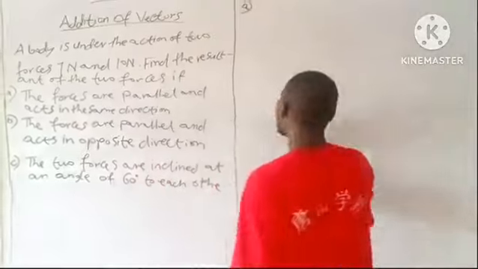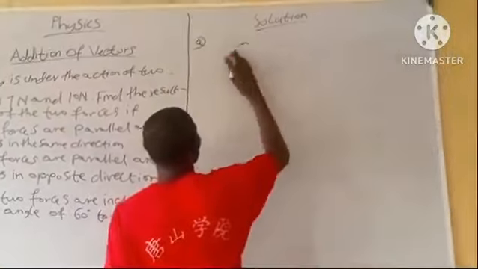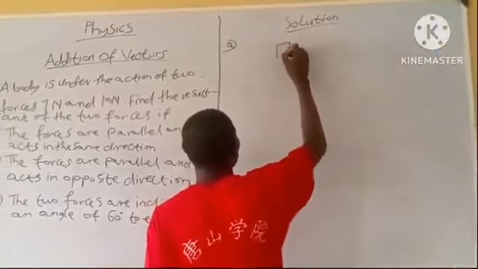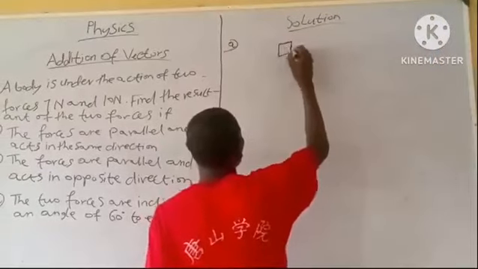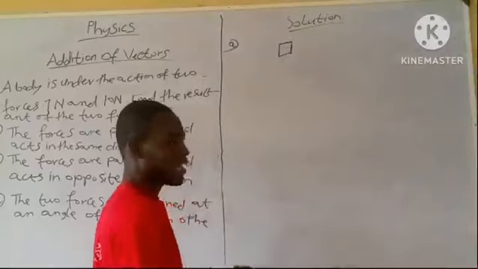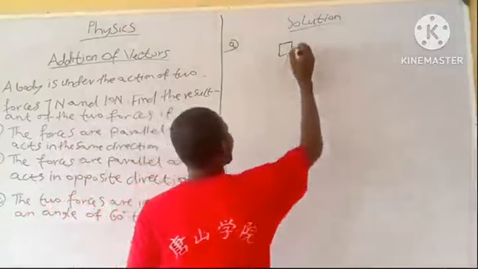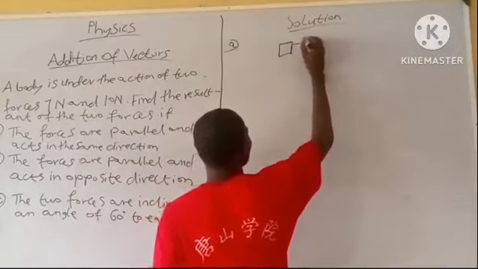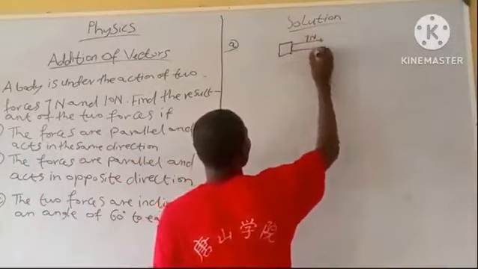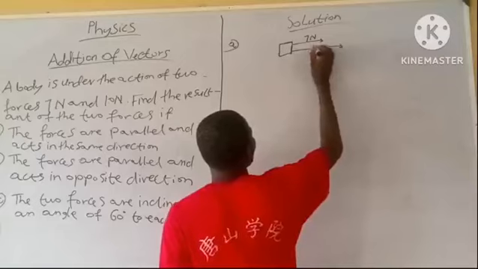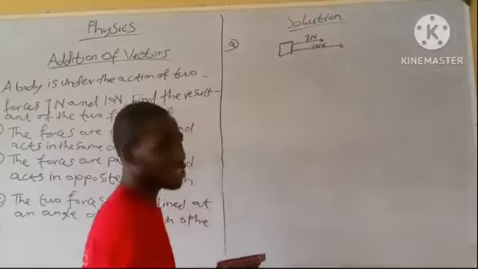Let's say this is the body, a block of wood, and it's under the action of 7 Newton and 10 Newton. This is 7 Newton and 10 Newton. What is the resultant?